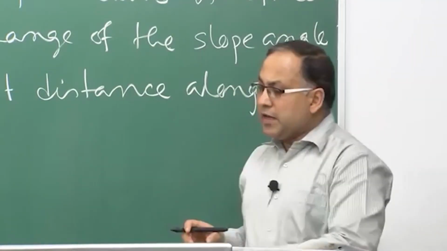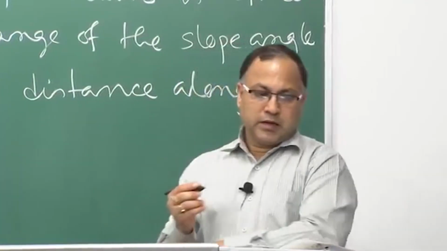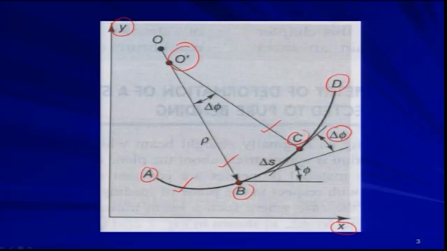So, when delta phi is very small, the arc delta S can be written as O prime B, that is the radius of curvature, multiplied by delta phi. Can I write that?